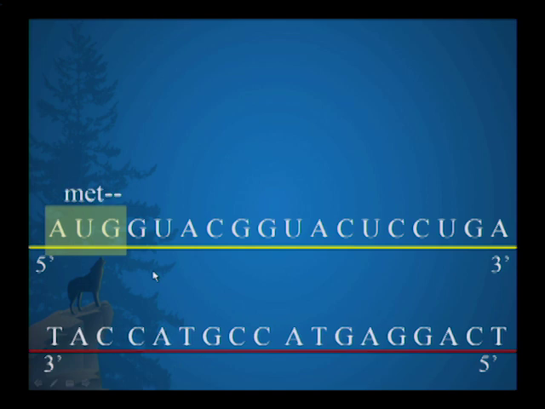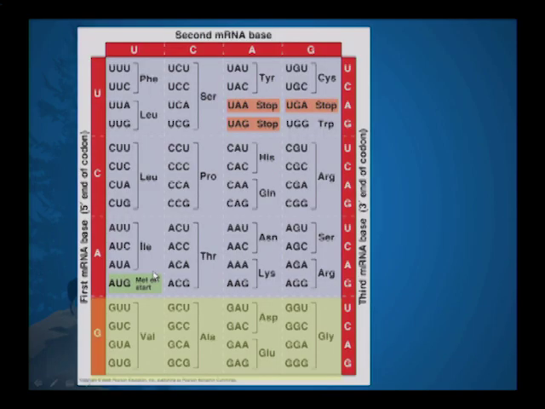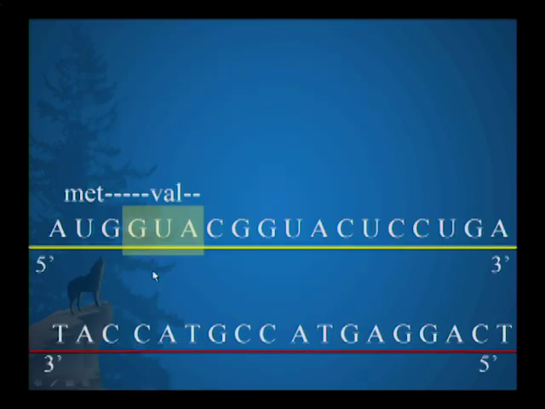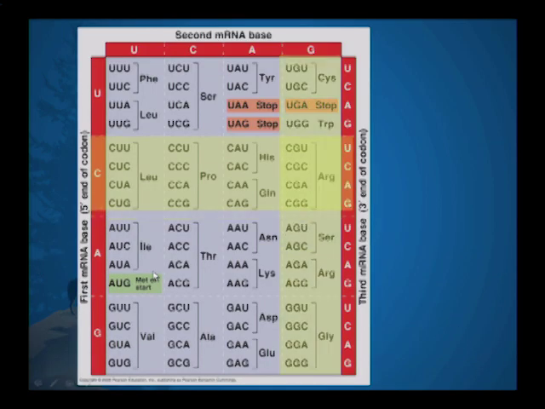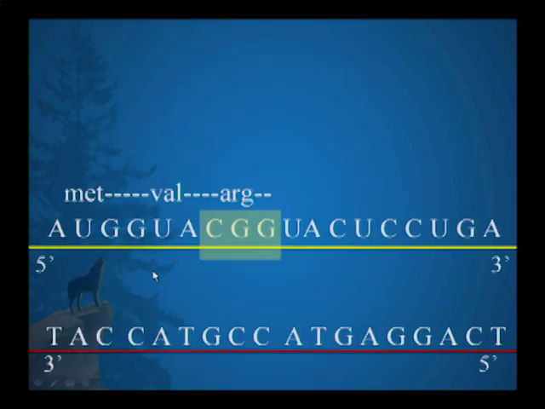Then the ribosome will shift one codon. It will match up the appropriate tRNA, and that codon is 5' GUA. So if we go to our chart, GUA is going to correspond to the amino acid valine. The ribosome will shift one codon, and we have CGG, and that's going to translate to the amino acid arginine.